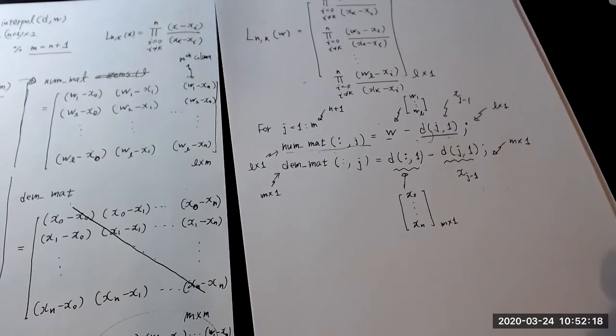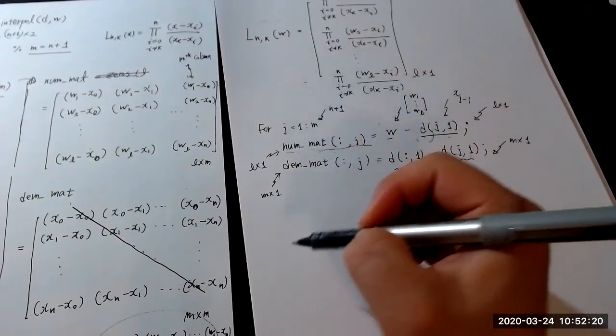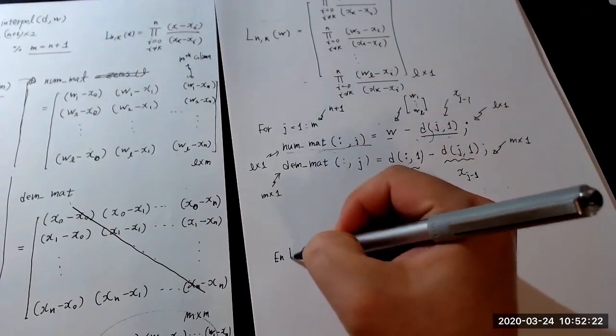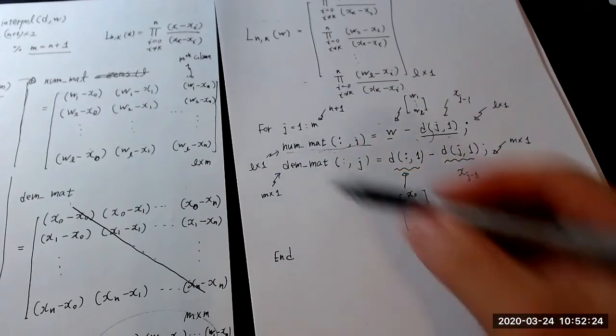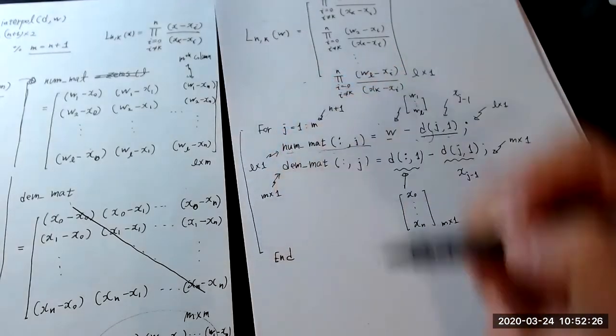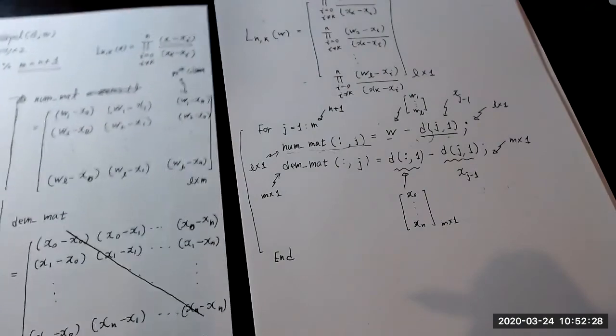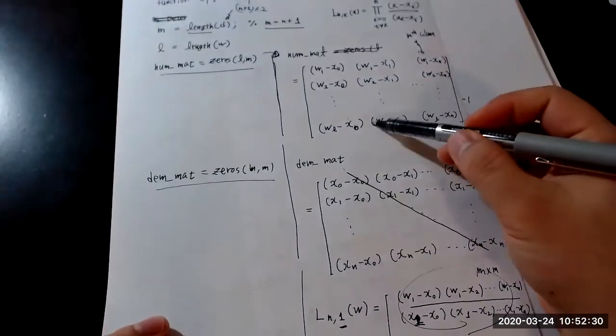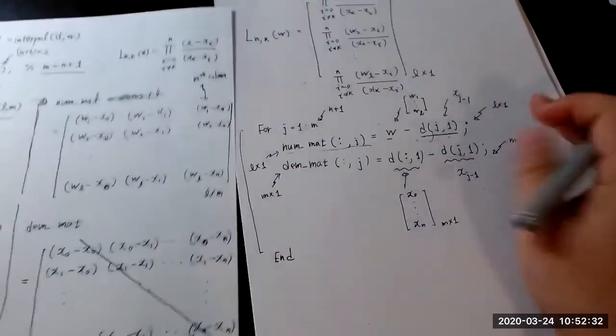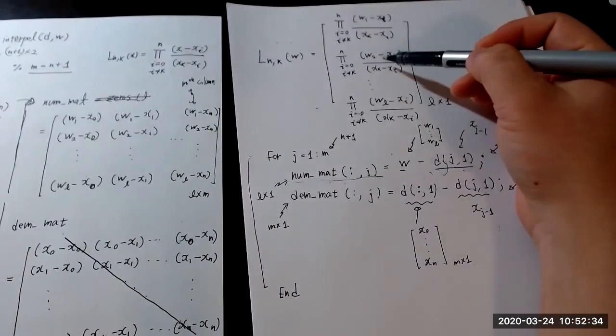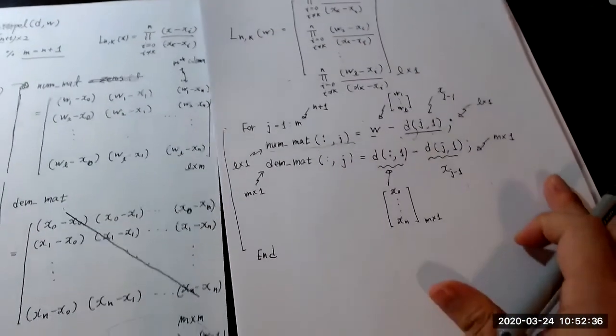Therefore we got this, and then Q minus this is a for loop. We constructed these two matrices, this one and this one. Now what are we going to do? We're going to do this.